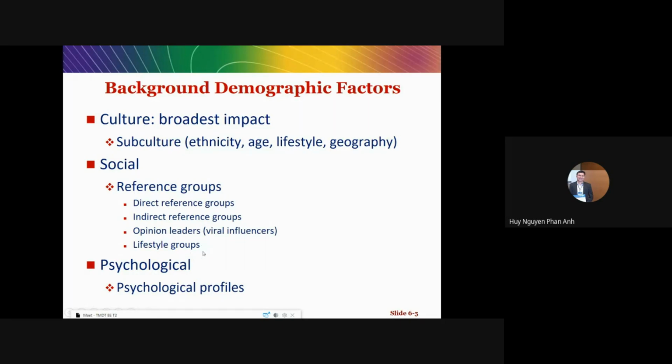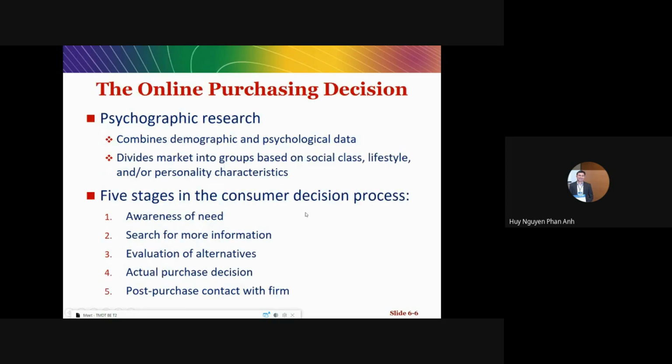So we want to follow them, okay? We are interested in listening to their opinions as well, their reviews. And some psychological profiles as well. Those are the background for the demographic.